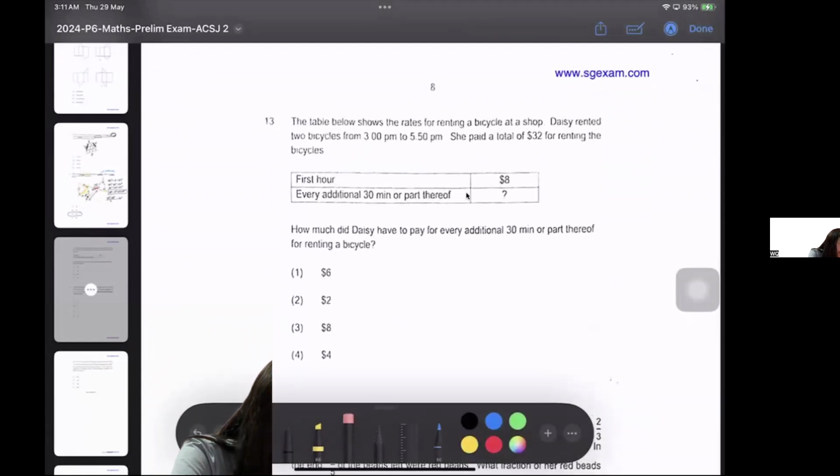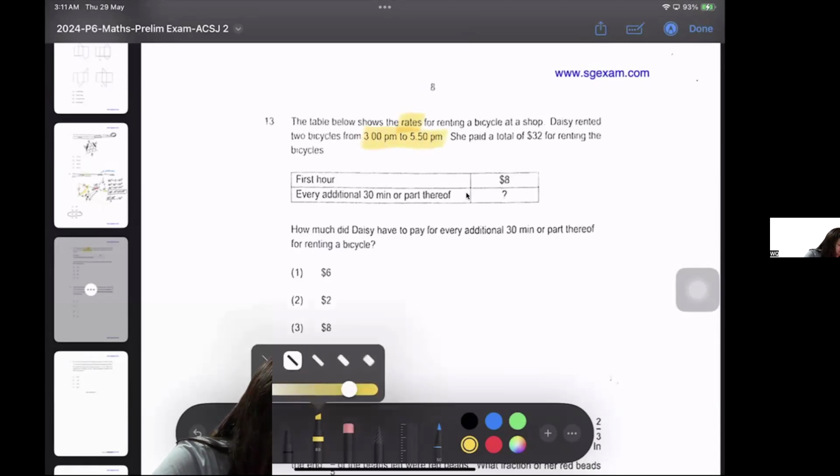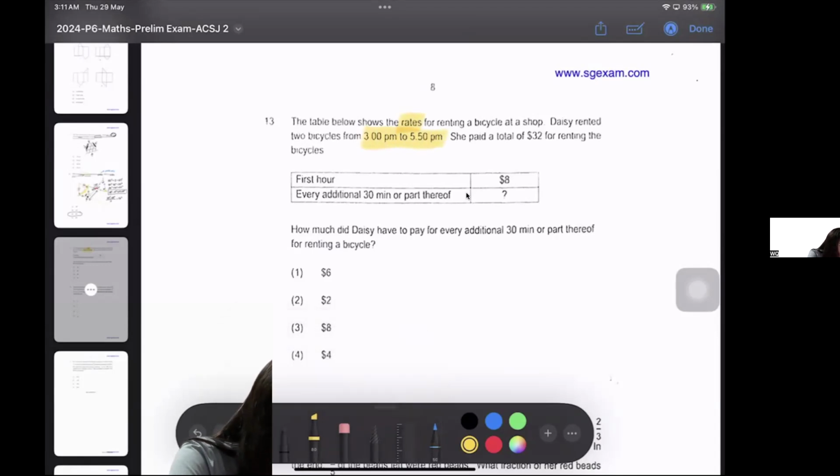So Daisy rented, okay, so it's talking about rates here. And Daisy rented 2 bicycles from 3 p.m. to 5:30 p.m. Okay, and then the next one is she paid a total of $32.